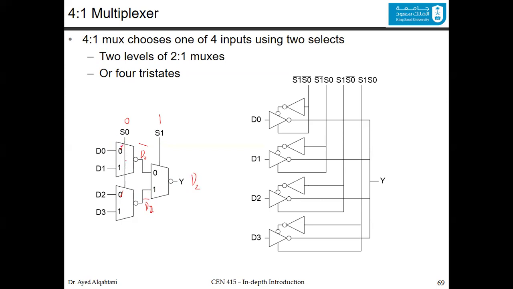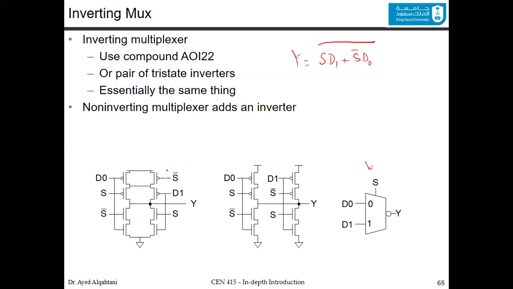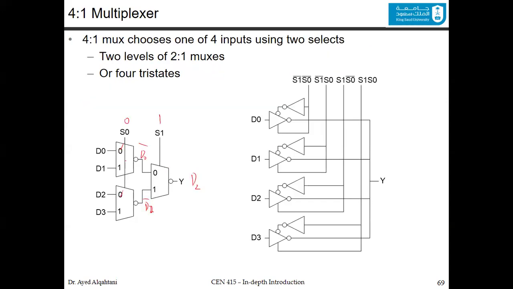Now, each one of these, you could design this way. Or you could design the 4-to-1 multiplexer altogether like this. You can see that you have 4 selection lines, not 2, but 4 selection lines. Usually these 4 selection lines are coming from a decoder. The decoder should be a 2-to-4 decoder, where you have 2 input lines and 4 output lines.